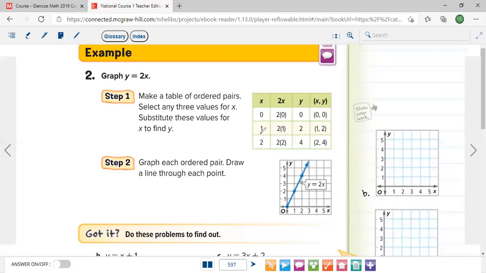So take 0, 1, 2, like the book. 2 times 0 will give you the y value as 0. 2 times 1 will give you 2. 2 times 2 will give you 4. So the pairs are 0 and 0, then 1 and 2, then 2 and 4. You go to the coordinate system and you plot 0 and 0, 1 and 2, 2 and 4. Then you discover that it's really a line.